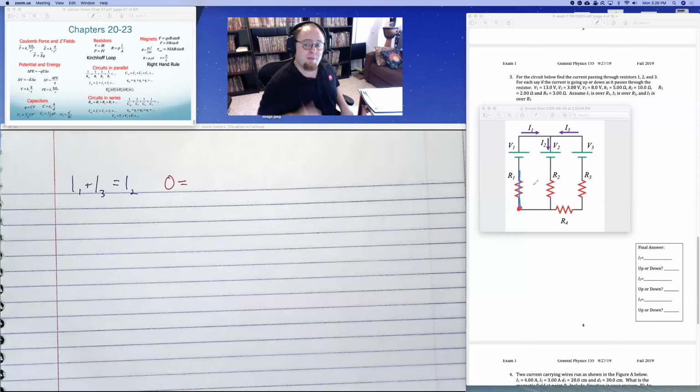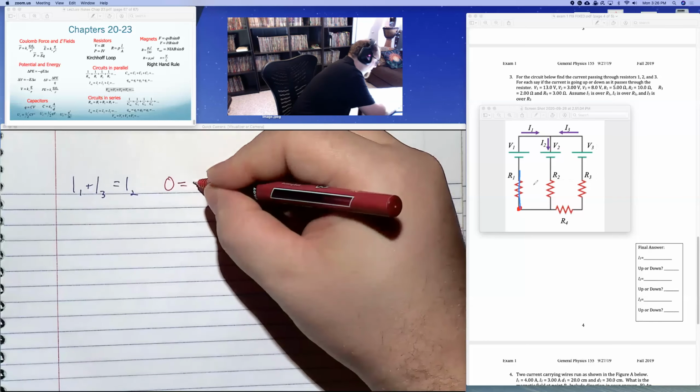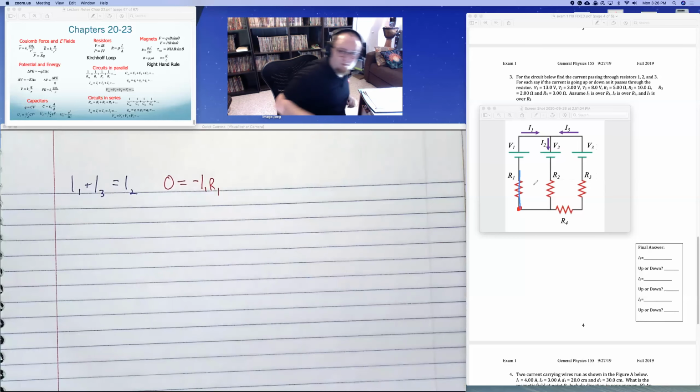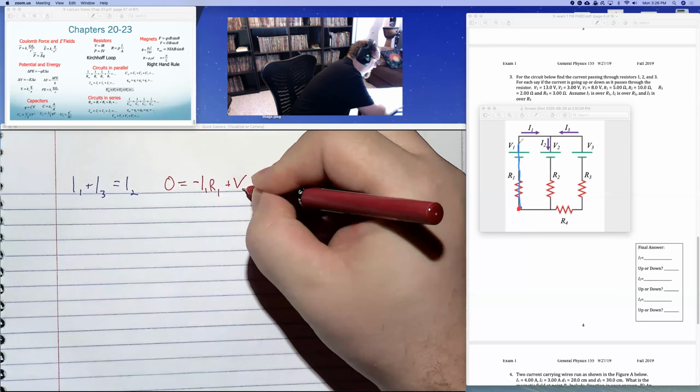If you look at the way I measured the current, I said the current was up and I went up. Anytime you move over a resistor in the same direction of the current, you have a voltage drop. I then go over the battery, going from the small side of the battery to the big side. That means I'm going negative to positive. When you go negative to positive, you add the potential.